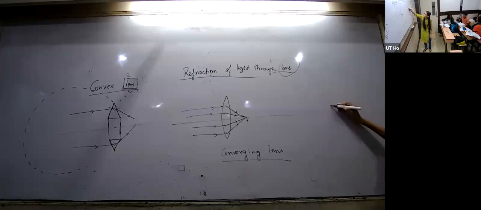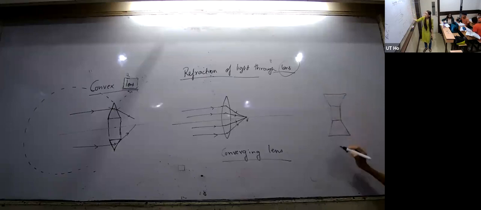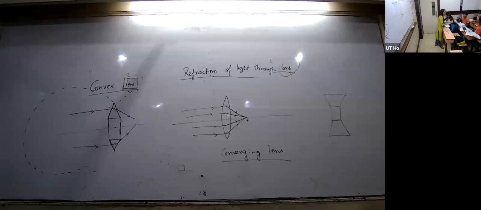Again सेंटर में हम बना देंगे, and यहाँ पे हम बना देंगे कुछ ऐसा स्ट्रक्चर. What happens? Now we will do the detailed refraction for concave lens and see what happens.